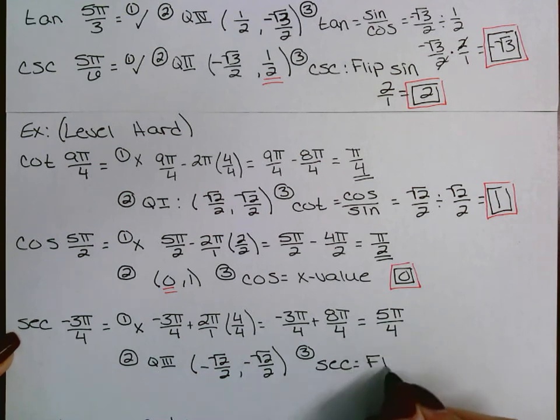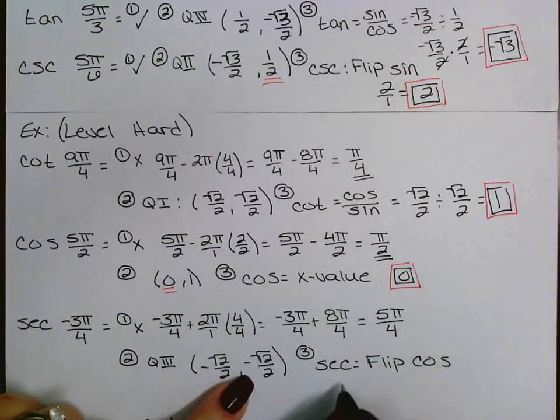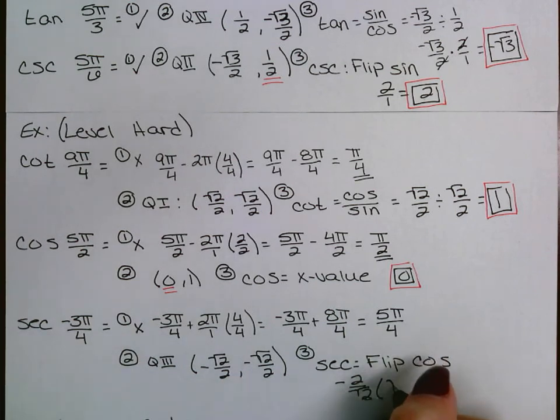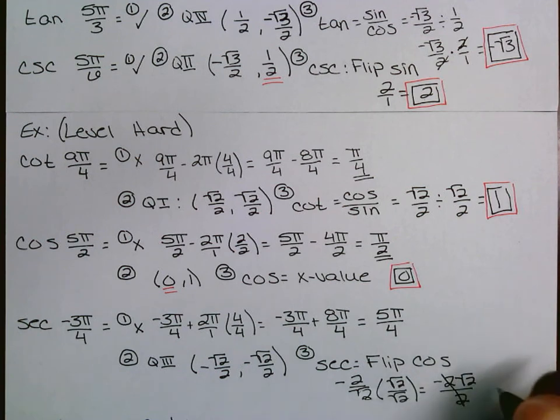Secant is to flip cosine, okay? So if I flip cosine, I end up with negative 2 over radical 2, sorry. And then what's wrong with that? Good, I need to rationalize it. And I end up with negative 2 radical 2 over 2. And the 2's cancel out, so I just have negative radical 2.